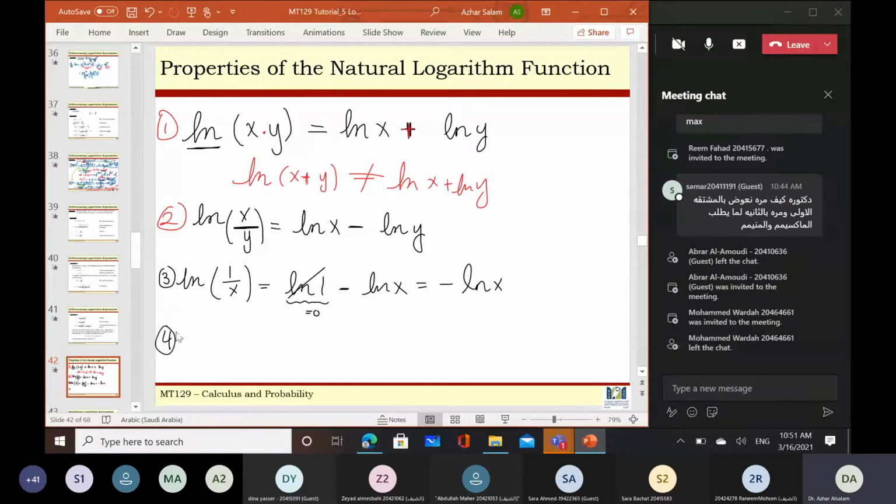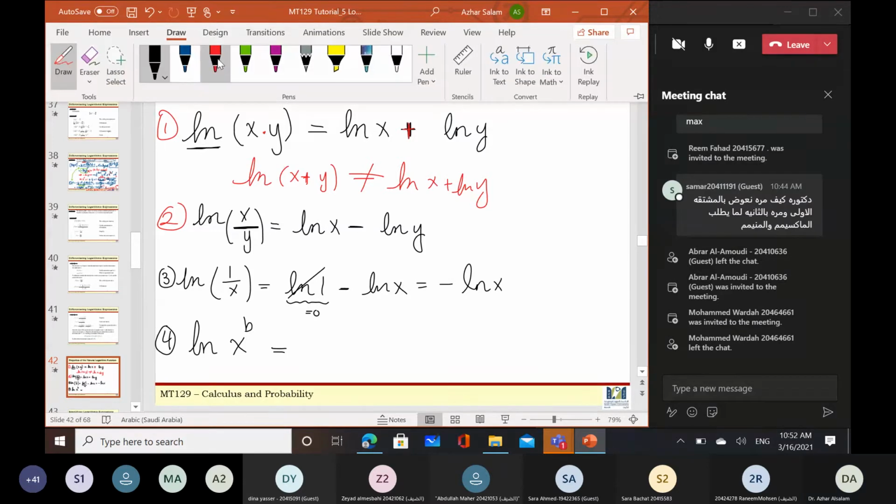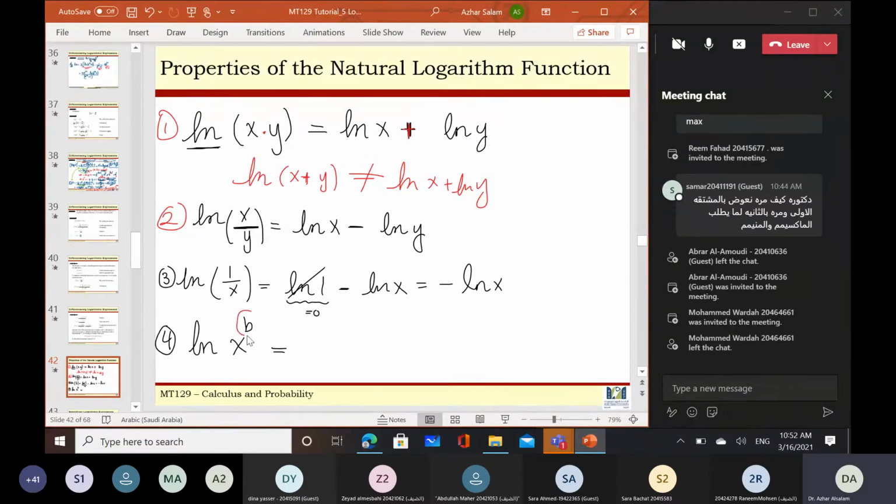Also we have a very important property about ln. We already used it in previous examples. When I have, for example, x to the power b, this is a normal power function, not necessarily exponential. When I have x raised to any real exponent and I take its logarithm, this means that I can take the exponent b down before the logarithm.